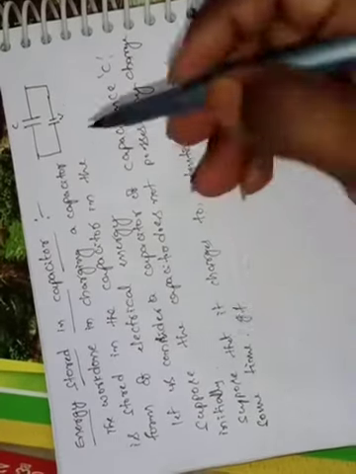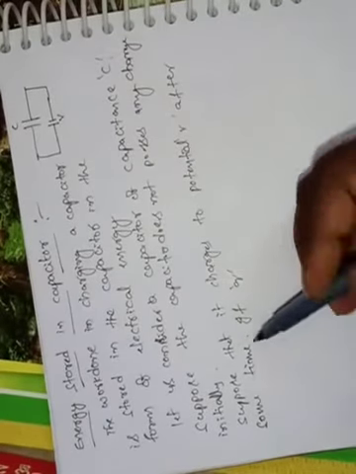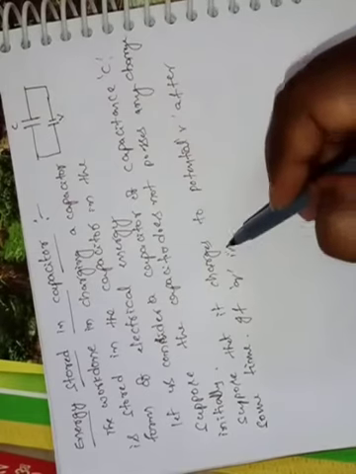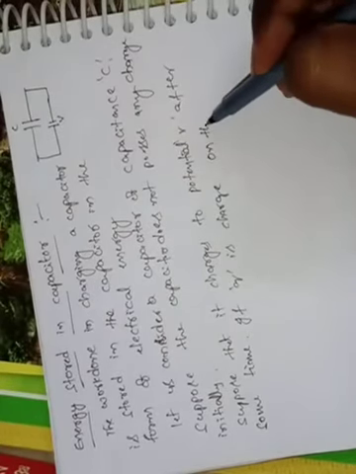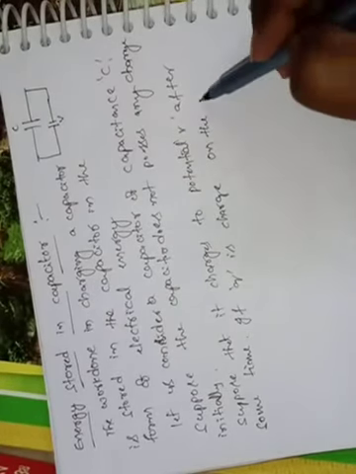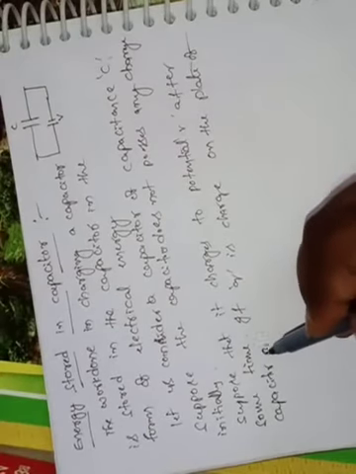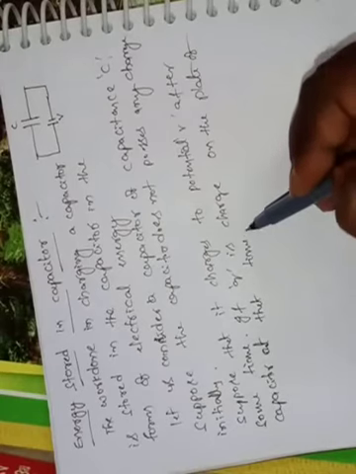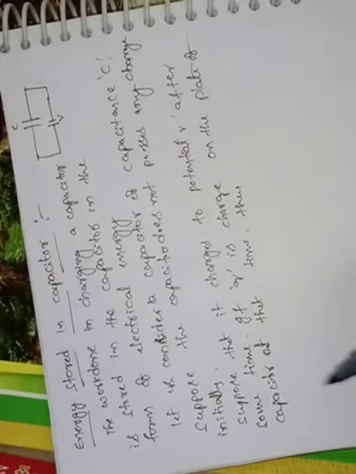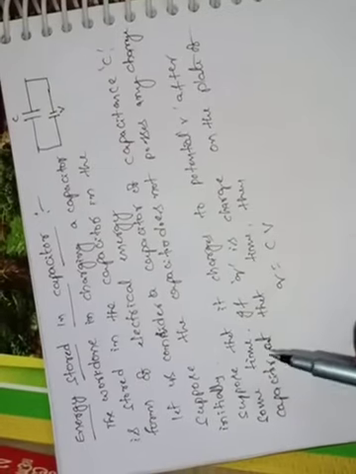Here, what is the charge on that capacitor at this time? I will take Q. If Q is the charge on the plate of a capacitor at that time, then we know that Q is equal to C into V.